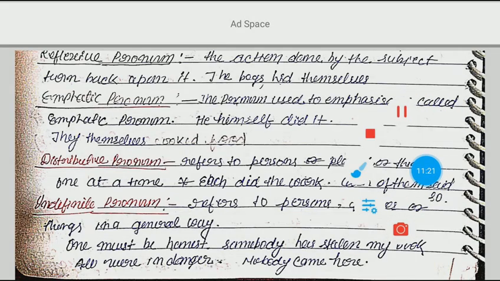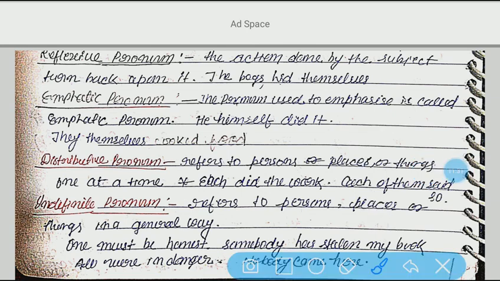For example, one must be honest. Here nothing is definite. We don't know who is one. So we are talking in a general way. So one must be honest.